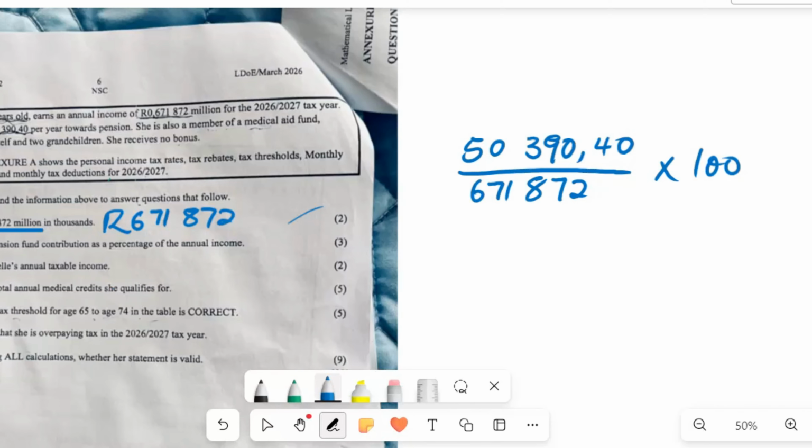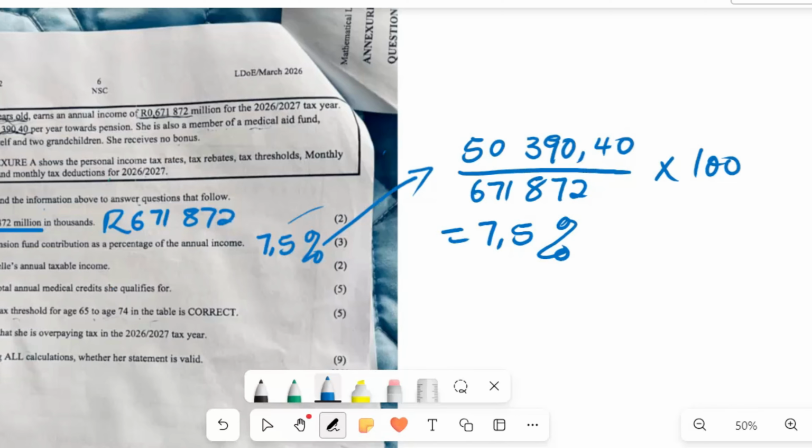That is 7.5%. So the answer here would be 7.5 or 7.5%. You need to show the whole calculation that we did here in order to get the full 3 marks.